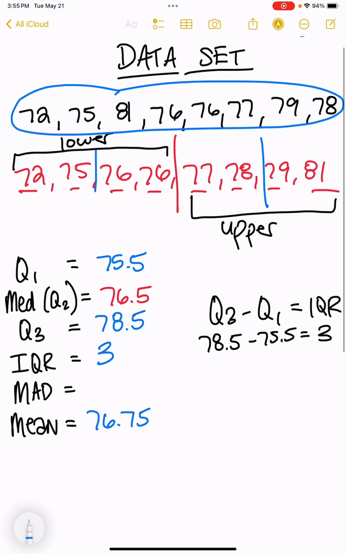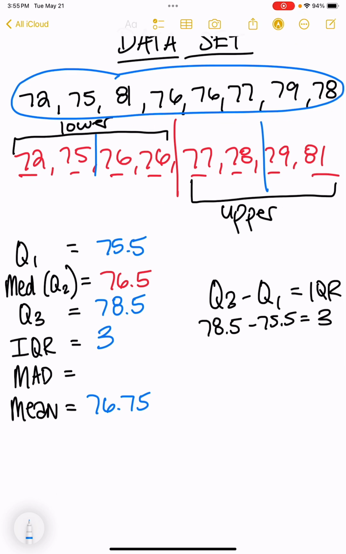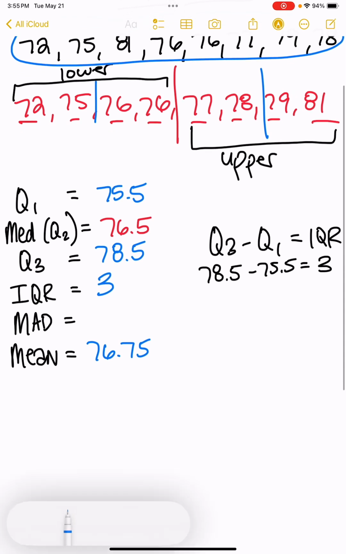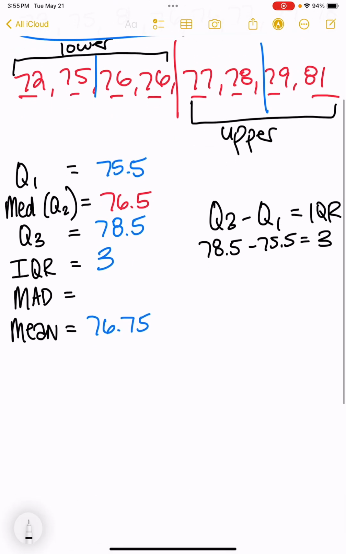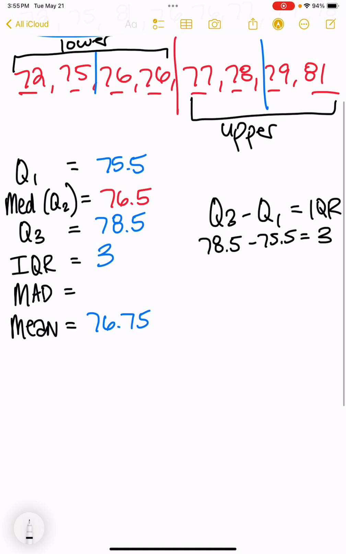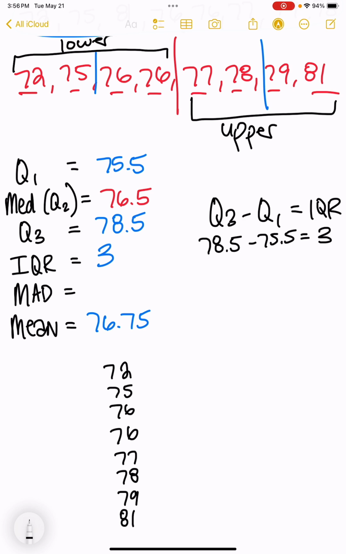Now, the last part, which is a little time consuming, but that's okay. Let's get in the habit of writing this stuff out all of the way so we can really understand what we're doing here. So we're going to write our data set up and down. So 72, 75, all the way through 81.